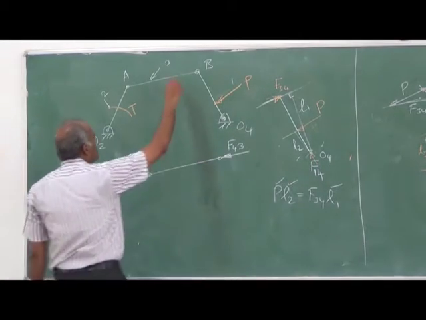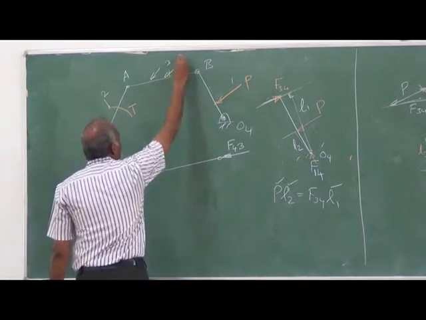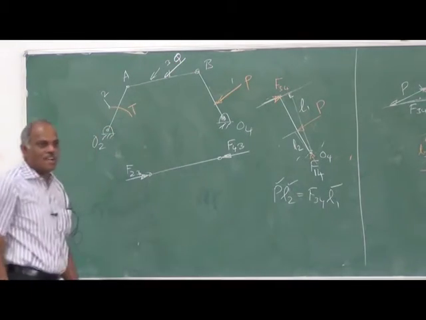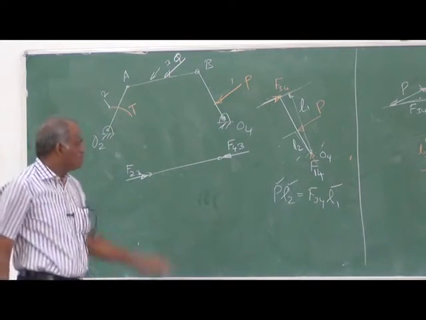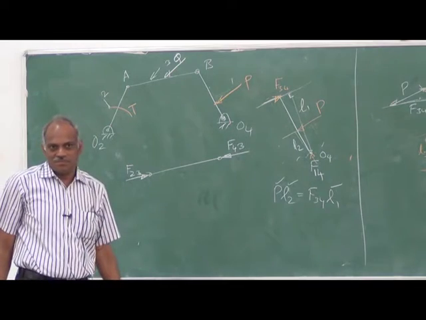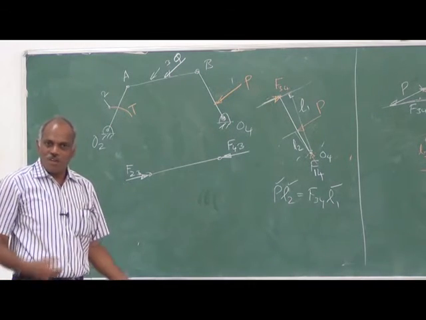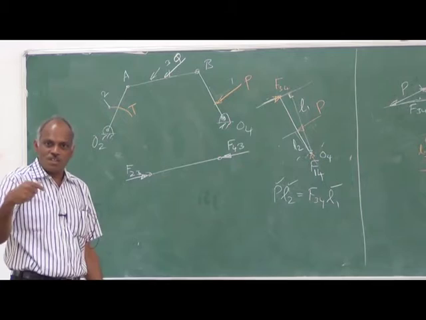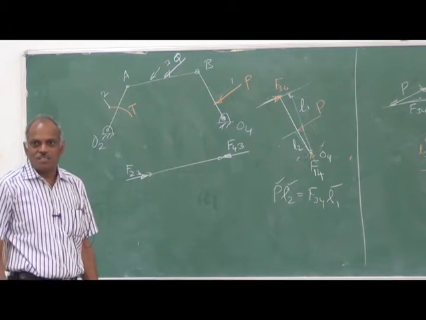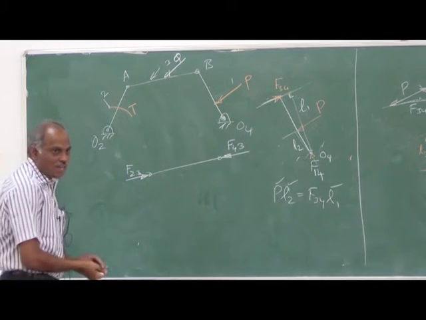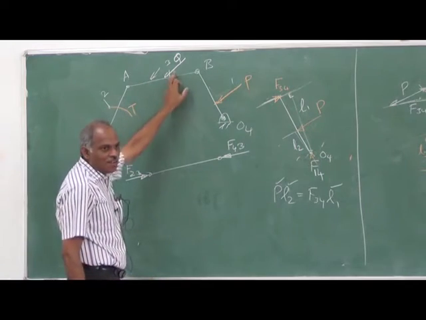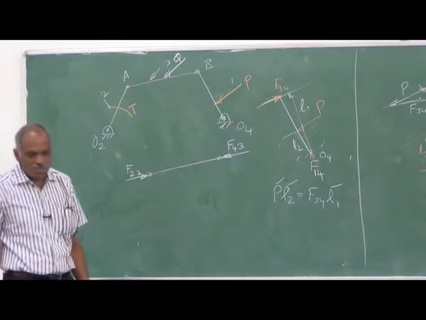So let us introduce some more complication by introducing another force acting on linkage 3. Just now we solved the problem with one force, P on linkage 4. But if one more force is acting on linkage 3, then how do we solve it?